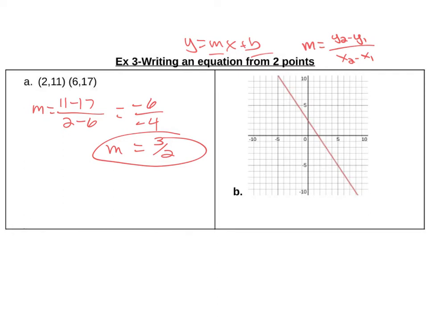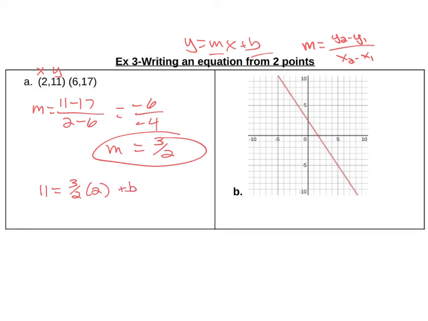We don't know what our y-intercept is, but we have enough information here to be able to plug in one of these x, y values and our m value, so that way we can solve for b. So what that's going to look like here is plug in 11 for y, our 3/2 times 2, and then we don't know what b is going to be.